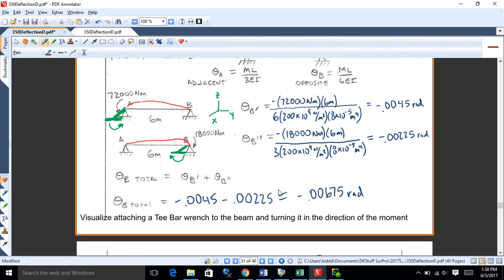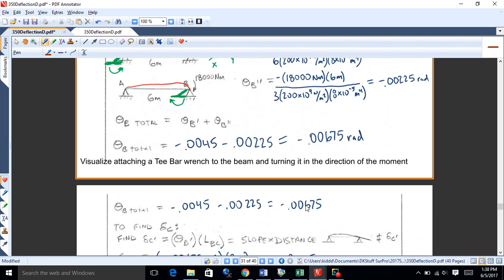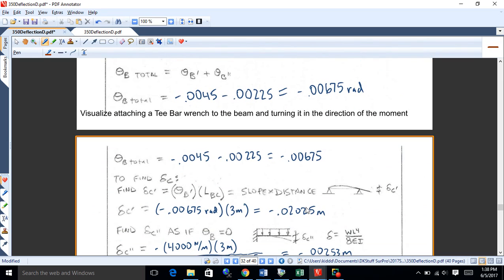Now, if there weren't any load beyond B, we could just take the slope times the x distance, and get the deflection. If that overhanging beam extended out straight from B, as I'm showing here, to find delta C, you would just take the slope times the distance. And that's a negative slope, so of course that'll get you a negative distance.